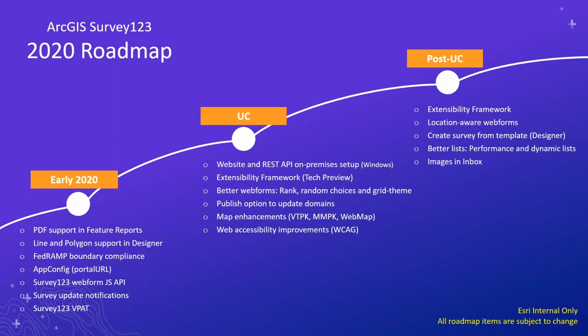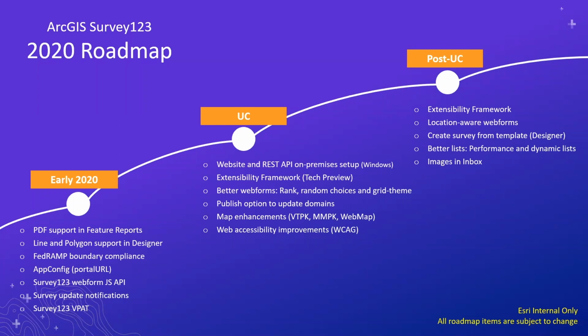Okay, so what's on the roadmap? A bunch of things: web forms, we're going to open up the JavaScript API for developers, update notifications right around the user conference. Hopefully we're going to see some great presentations from Ishmael and the team on new things on the web forms, getting more of the capability in Survey123 Connect into the web forms, updating domains.